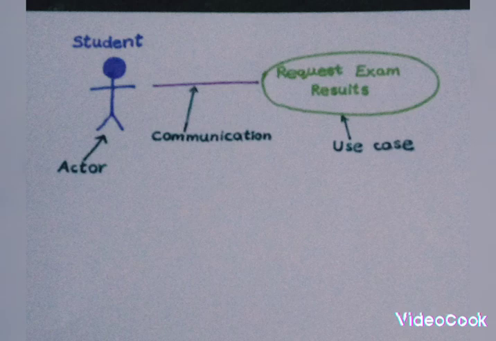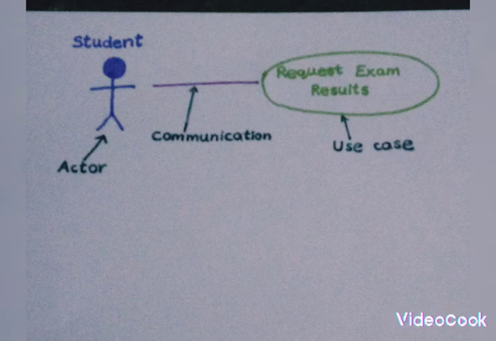Here, in use case diagrams, the actor is demonstrated by stick figures, and the communication is demonstrated by a straight line joining the actor and the use case. And the use case is the action that takes place. It's the action which is initiated by the actor here, and it is demonstrated by an oval symbol.